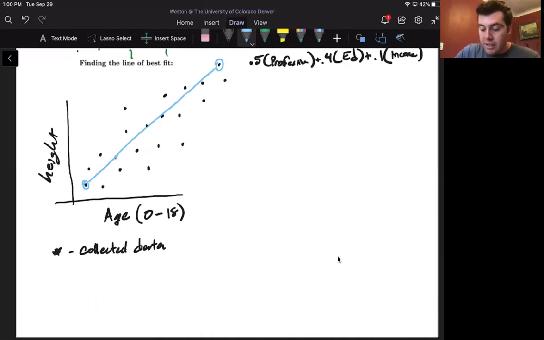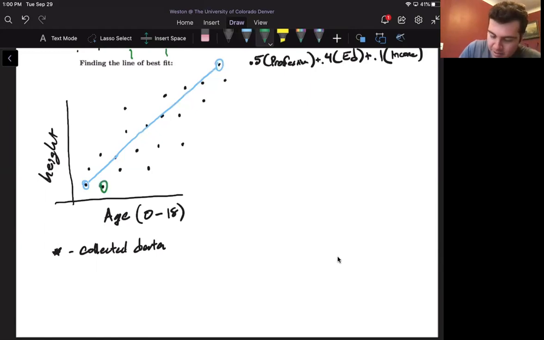This is all good, especially when you have a human doing it, so they can choose a line that looks like it'll fit the data set well to approximate the line of best fit. This unfortunately doesn't work well for computers, because computers, if you've ever done any programming, are stupid. If you tell them to just pick 2 points to make a line of best fit, they'll just pick 2 points randomly.